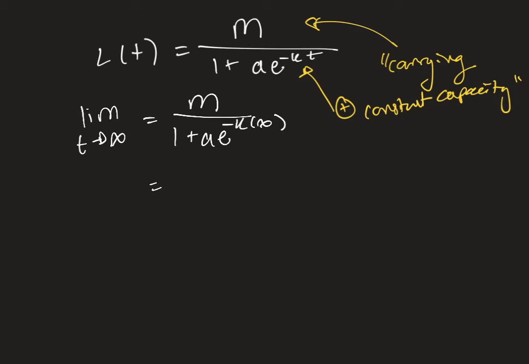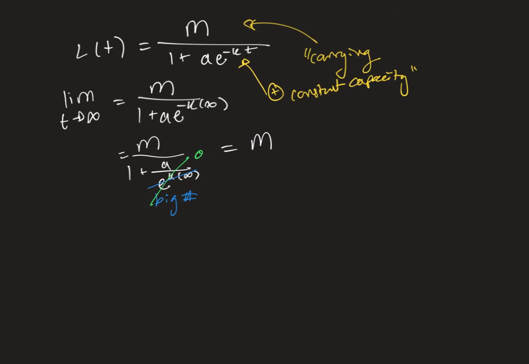So at the limit as t approaches infinity, we're going to have m over 1 plus a over e to the k t. We have a huge number in the denominator of the denominator, which makes a over a ginormous number. A over infinity is basically 0, right? That whole thing goes to 0. So the limit as t approaches infinity is just m over 1, or m.